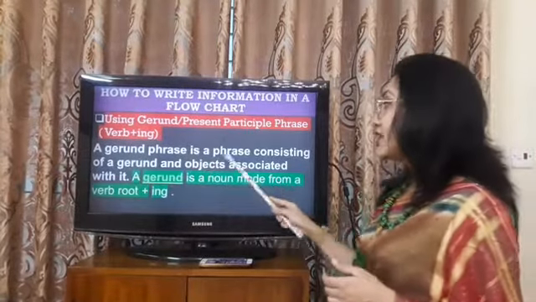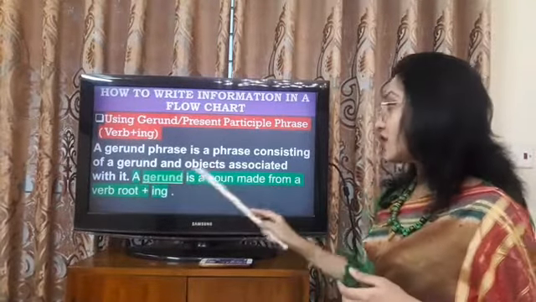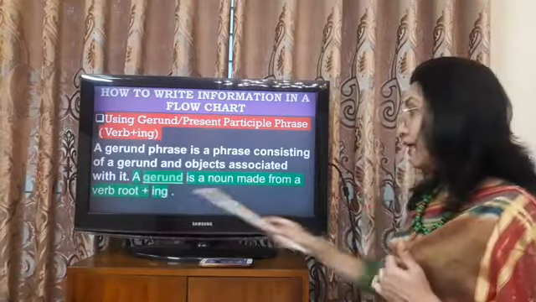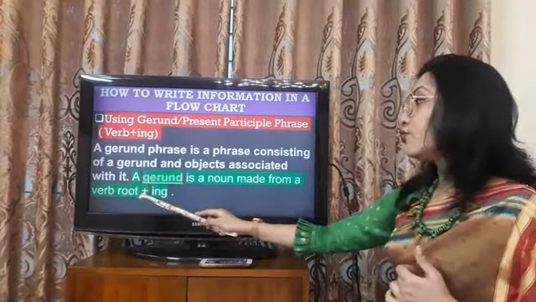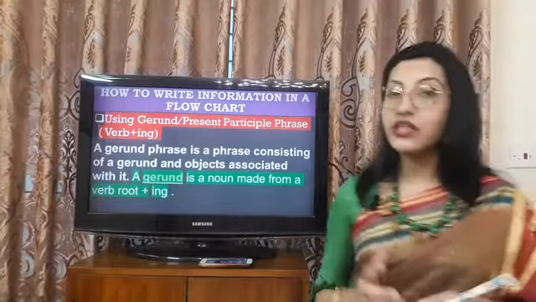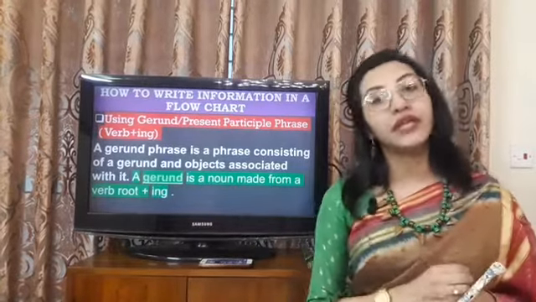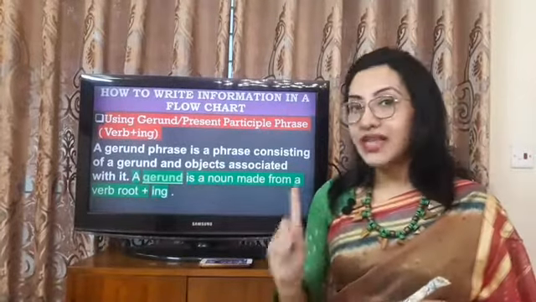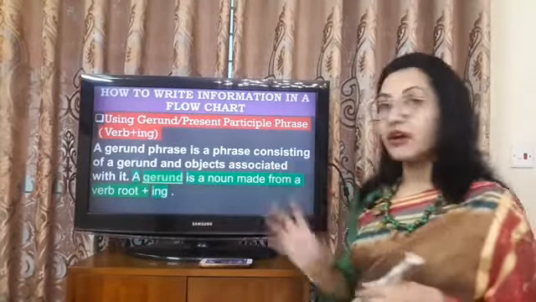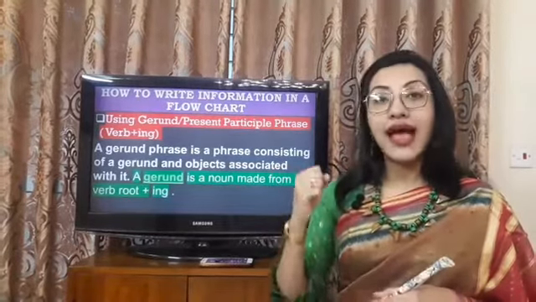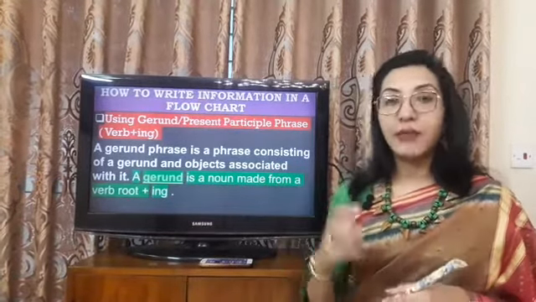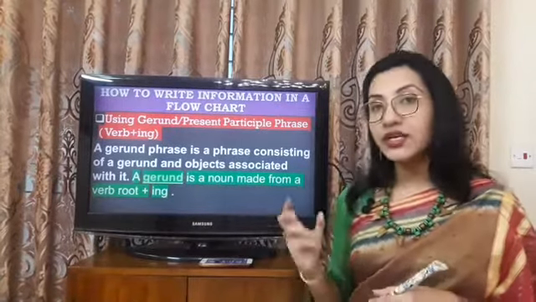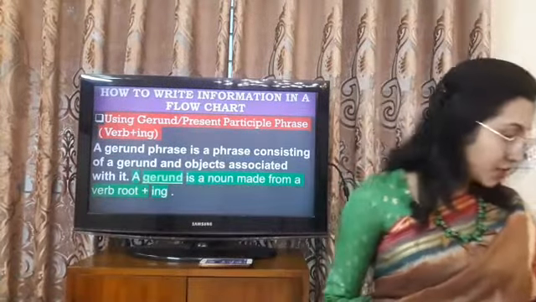A gerund phrase is a phrase consisting of a gerund and objects associated with it. A gerund is a noun made from a verb root plus ing. তাহলে gerund কাকে বলে? gerund phrase বলতে আমরা কি বুঝি? Group of words যেটাতে verb plus ing থাকে এবং এই verb plus ing দ্বারা যখন একটা নাউনকে বোঝানো হয়, তার মানে এটা একটা ফাংশন করবে কিসের মতো, নাউনের মতো যখন ফাংশন করে সেটাকে বলা হচ্ছে gerund.